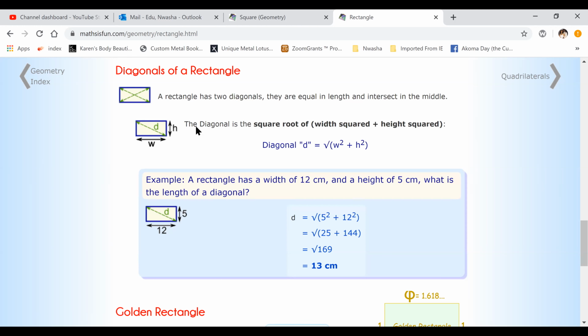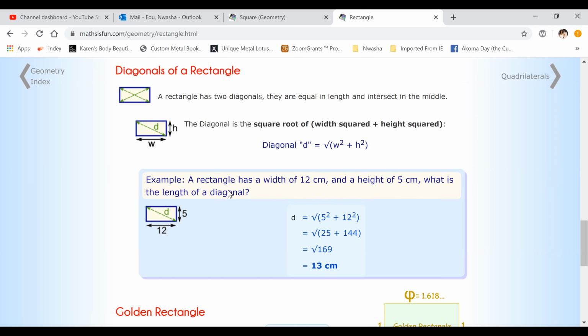So in words, it says the diagonal is the square root of the width squared plus the height squared. So this is what it looks like in numbers and symbols. D is for the diagonal, equals, and this is the square root symbol, and then the parentheses, the width squared plus the height squared. So now that you have this as your formula, in this example, you can do the substitution.